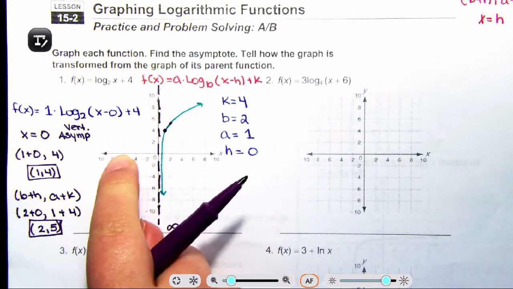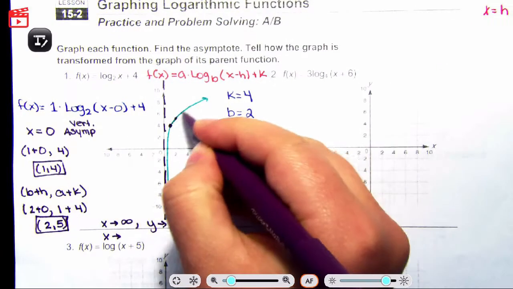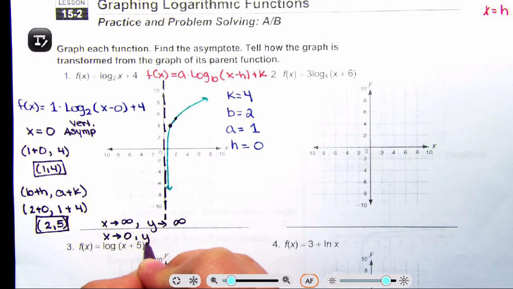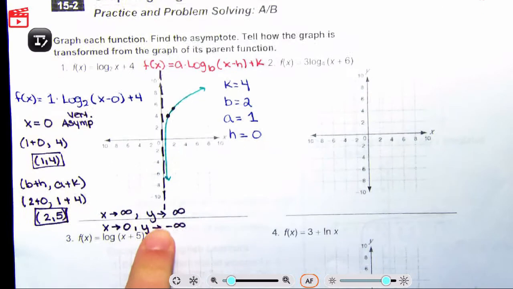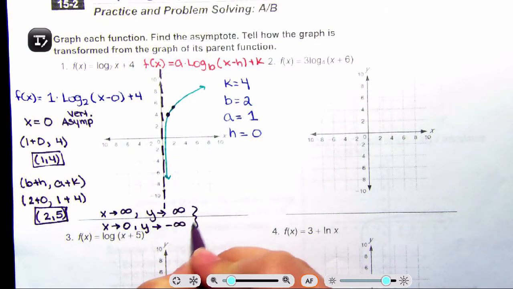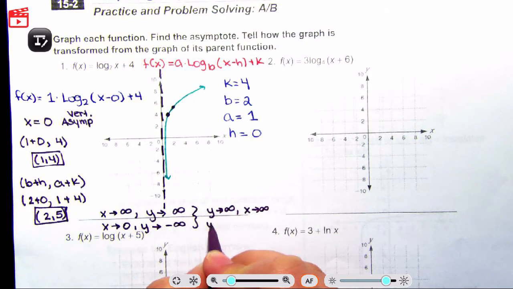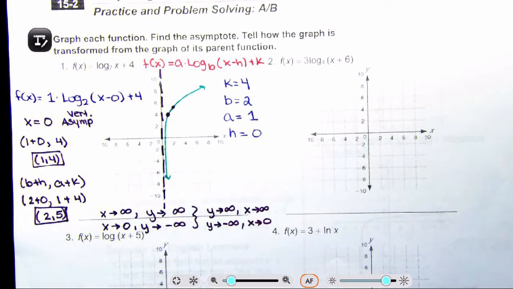What we do get to is x approaches 0 as y goes to negative infinity. You can't switch these up. Sometimes you're going to see it written as y approaches infinity, x approaches infinity, and then y approaches negative infinity, x approaches 0. You'll see that sometimes flipped around.